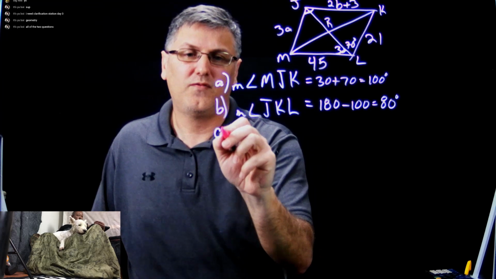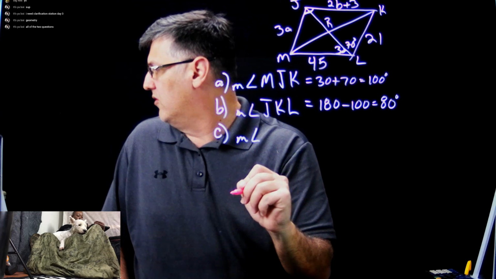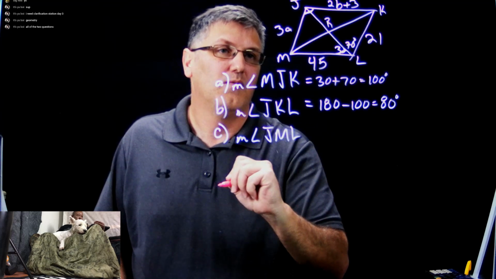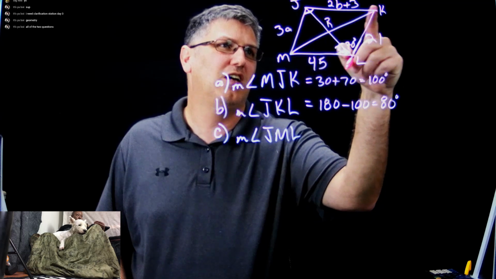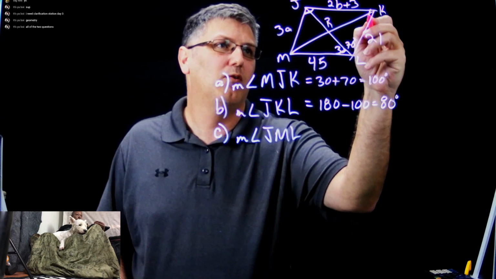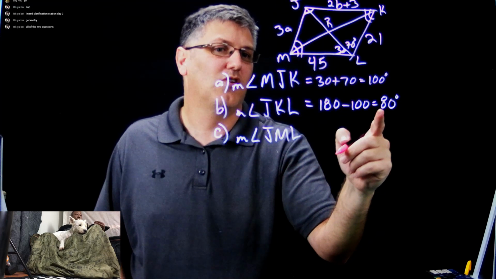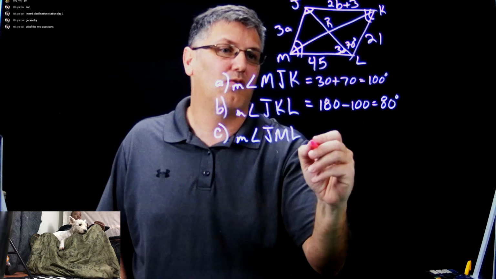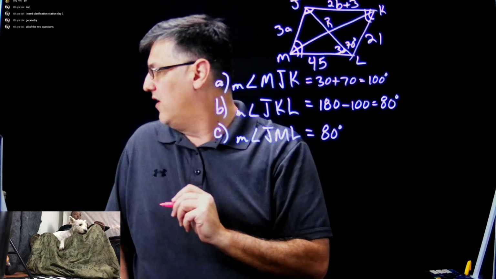C asks for the measure of angle JML. If we already know JKL, it's going to be the same as this angle. So JKL and JML are the same thing because they're congruent, so that's 80 degrees.